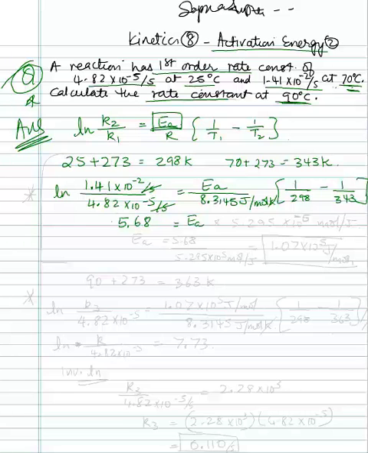I'm not going to change that to kilojoules. I will leave that as joules. We can see later on if we want to change it, but we can leave it like that also.